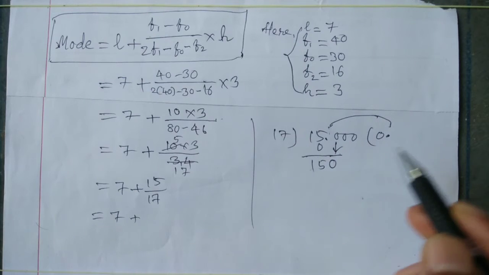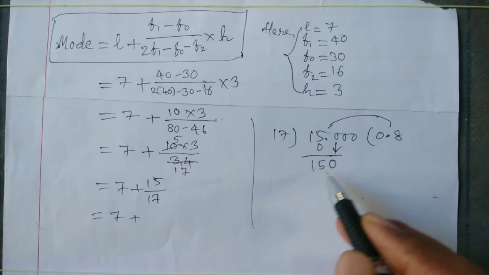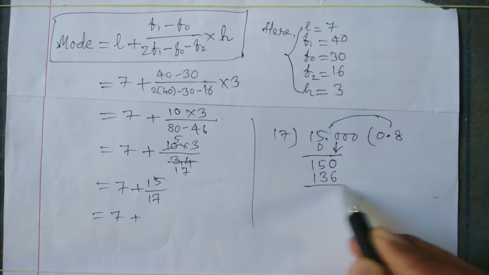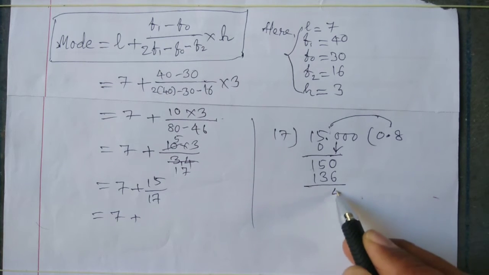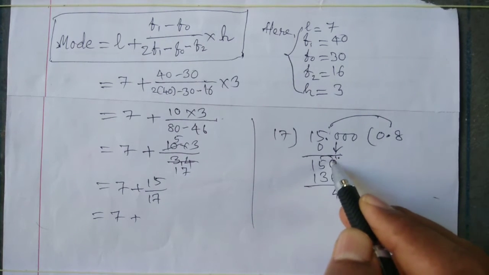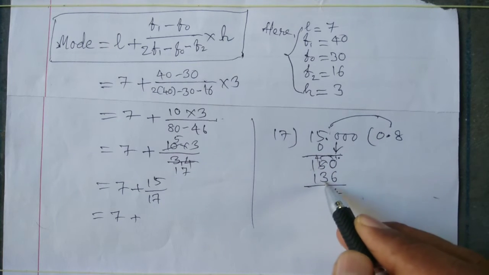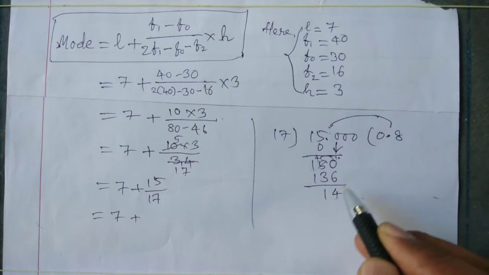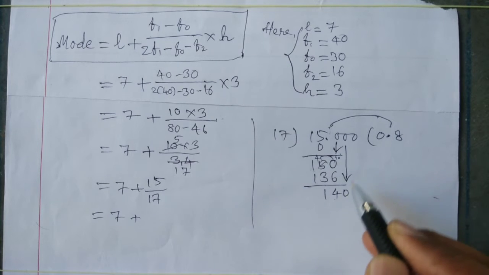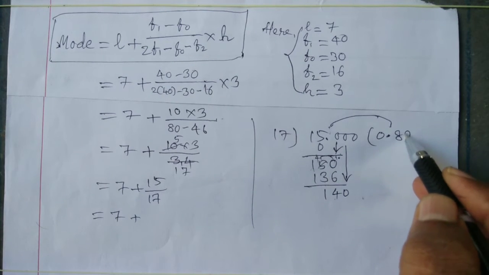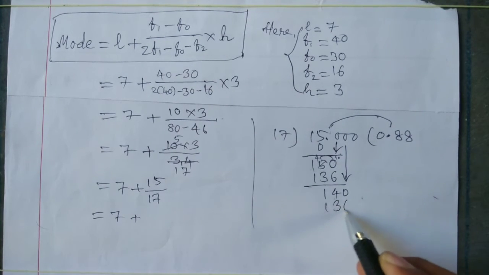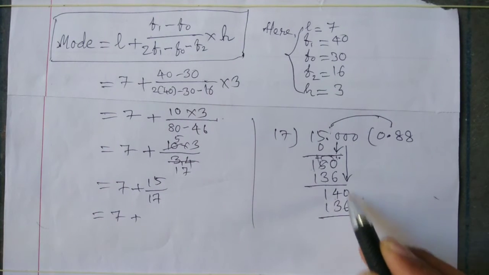Now 17 8s are 136, 10 minus 6, 4, bring down this 0, 17 8s are 136, so 10 minus 6, 4.